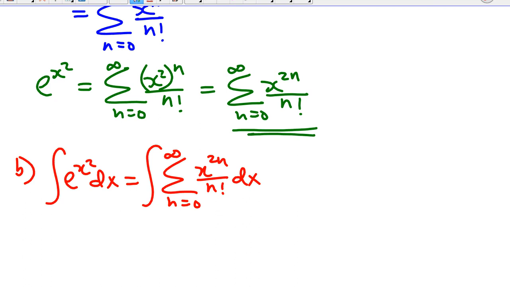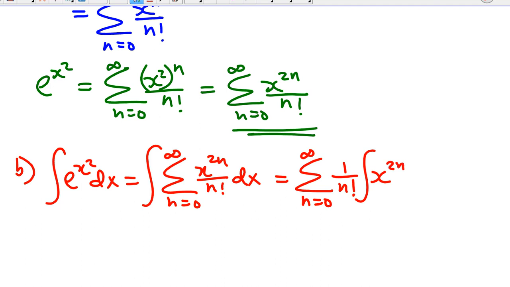Just remember that this can be simplified: take the summation sign out, bring the integral sign inside. You can factor out what doesn't apply when you're integrating. So that will be x to power 2n dx.